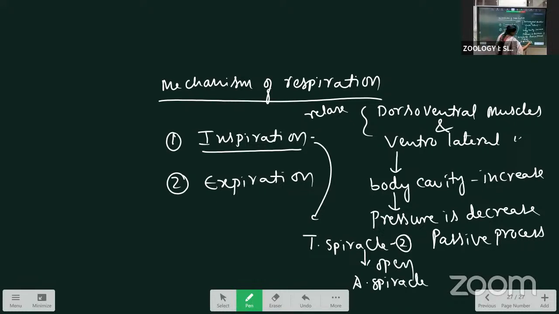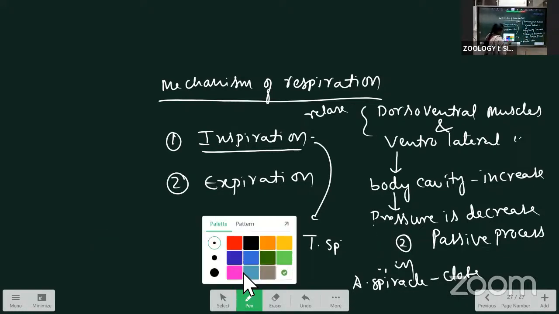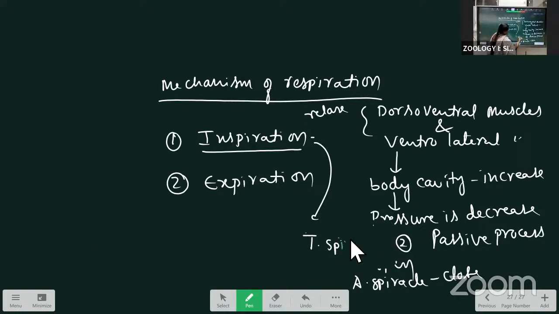In inspiration, air is taken in only through the two thoracic spiracles.